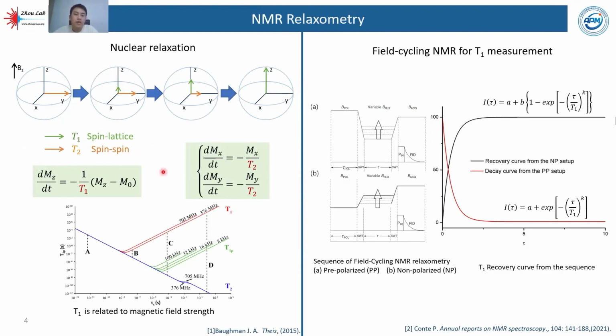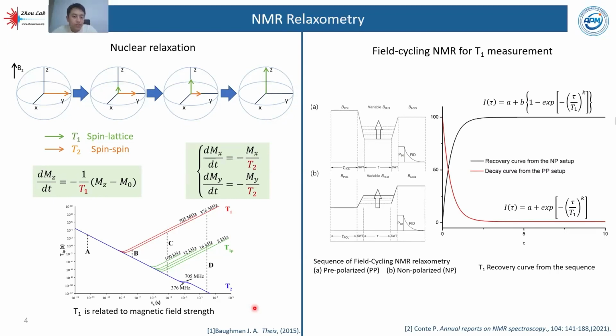Spin-spin relaxation is also referred to as transverse relaxation, or T2, and it describes the decay of the excited magnetization perpendicular to the applied magnetic field. And spin-lattice relaxation is also referred to as longitudinal relaxation, or T1, and it describes the return to equilibrium in the direction of the magnetic field.